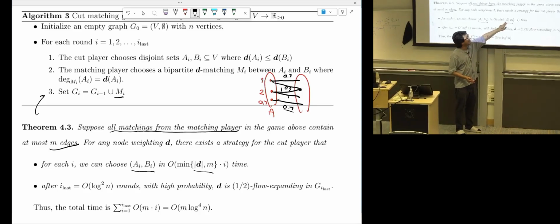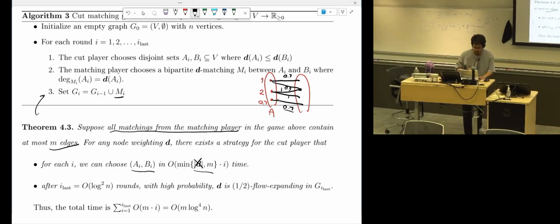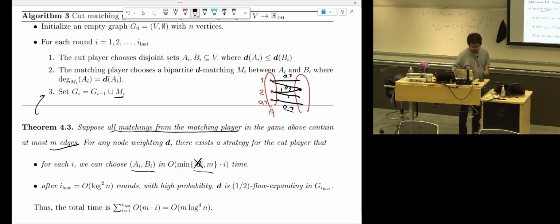You can spend at most D as well if D is small. If you're going to spend this time, then you can just use the previous approach, but you can spend M time here instead. Actually, maybe I shouldn't use this at all because I can pay this only when D is integral.